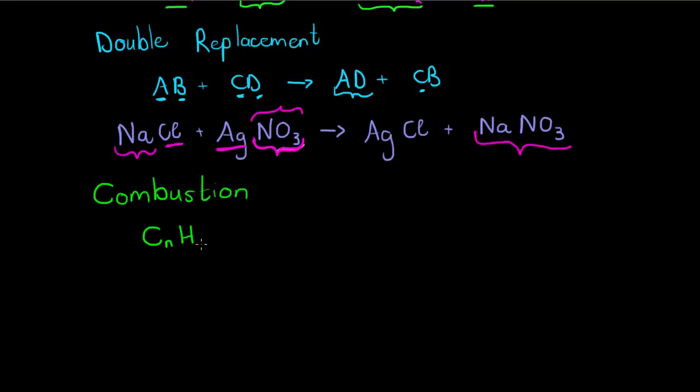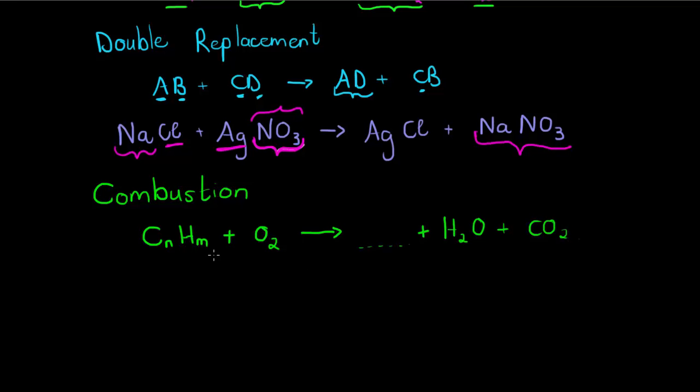A certain number of carbons and a certain number of hydrogens interact with oxygen, and for any explosion we always need oxygen. In the end we will have whatever plus H2O plus CO2.